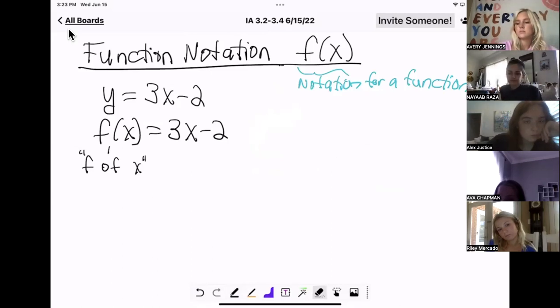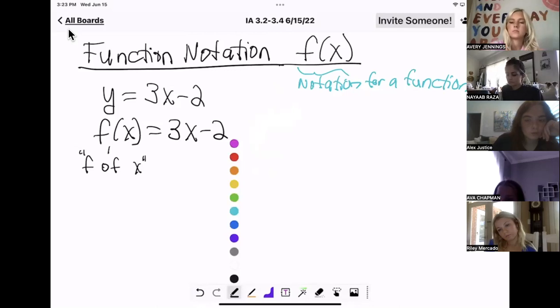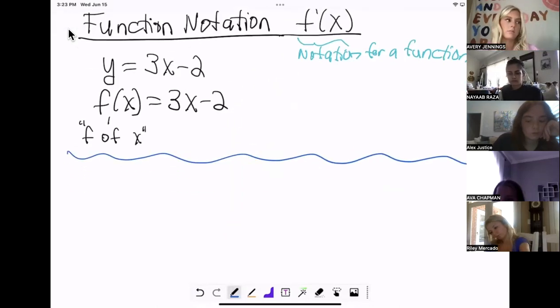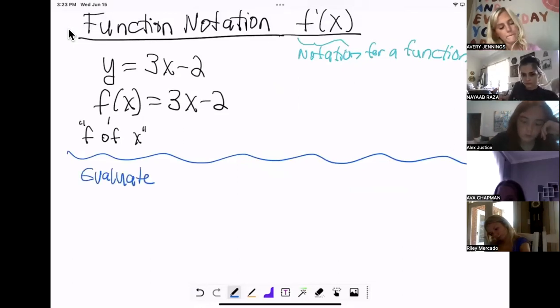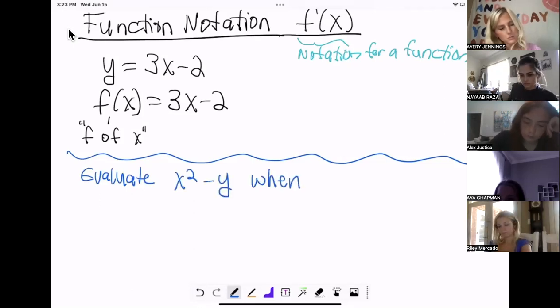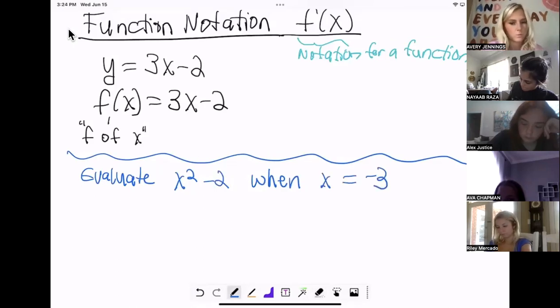Now, what's it used for? Well, actually, you can write this down. Evaluate x squared minus 2 when x is equal to -3.